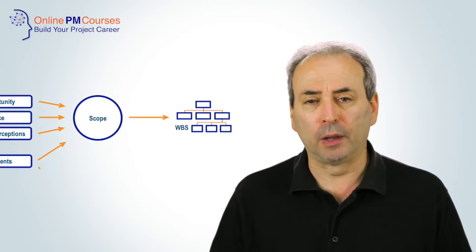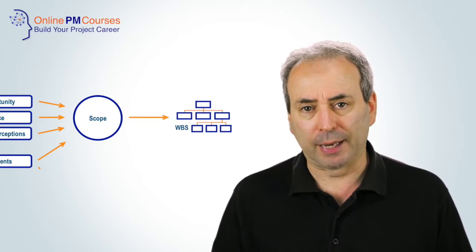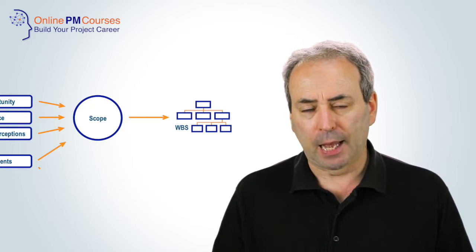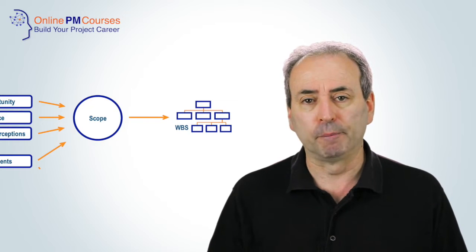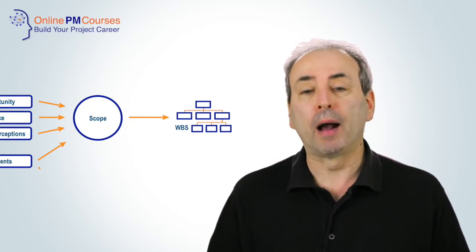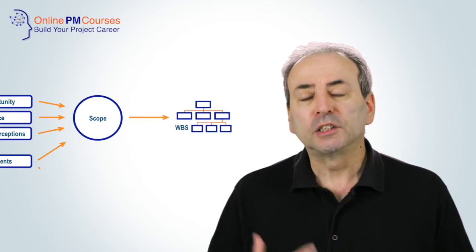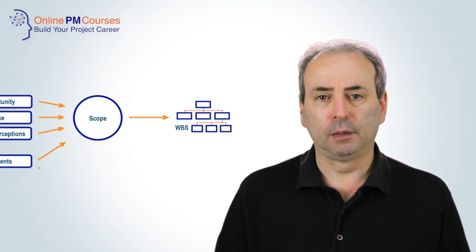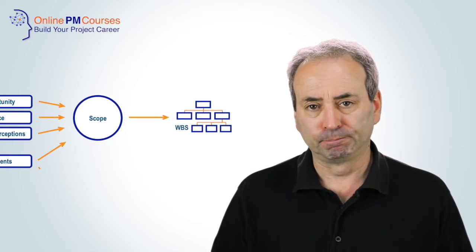And it's important to note, by the way, that this is slightly different in the US and US influenced project management arenas from the way that it is in the UK and European project management, where when we talk about a work breakdown structure, we talk about a breakdown of the tasks, the work to be done. So use your work breakdown structure to identify the detailed scope of work.